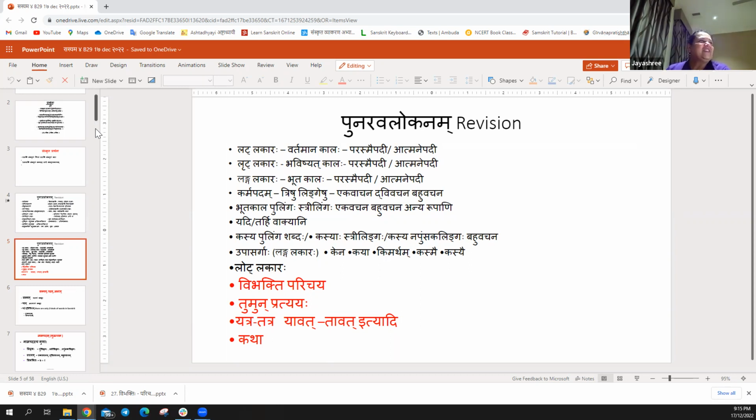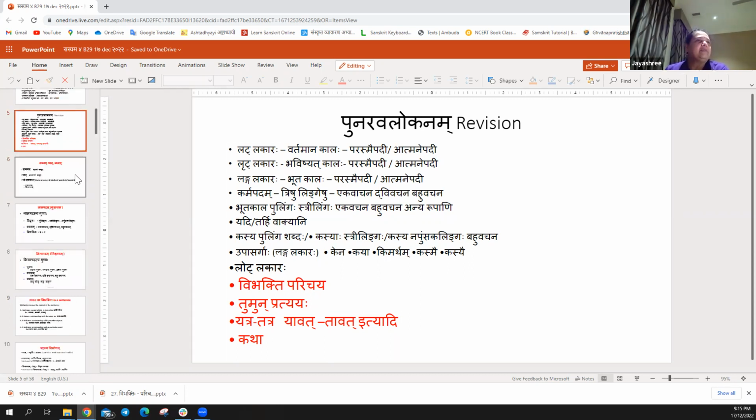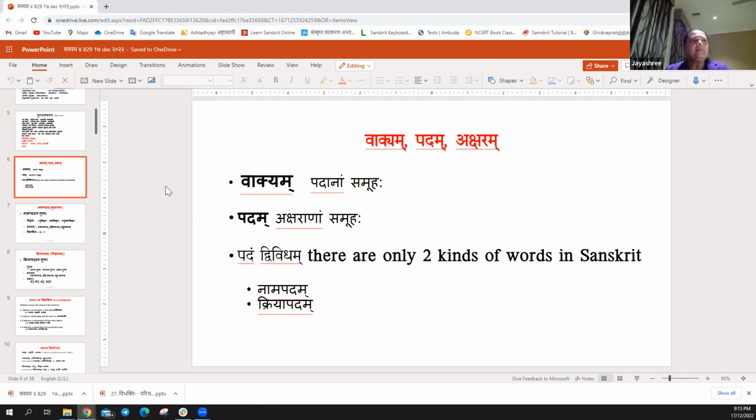All right, so first vibhakti parichaya. So now we'll start from the beginning about Vakyam, Padam, and Aksharam. So what is Vakyam in English? Sentence.